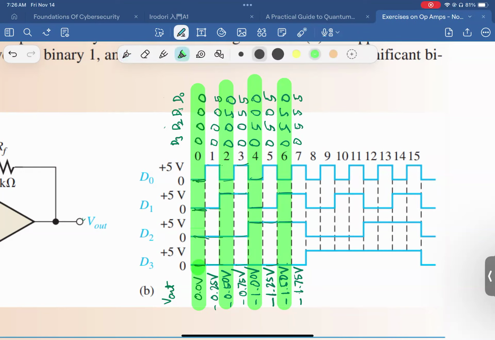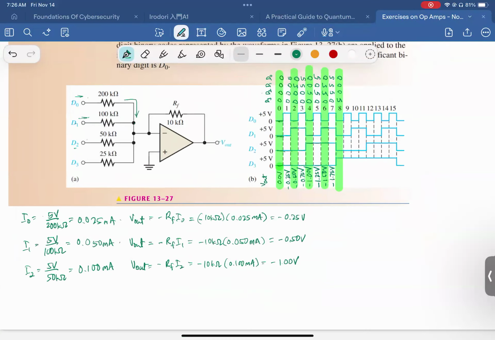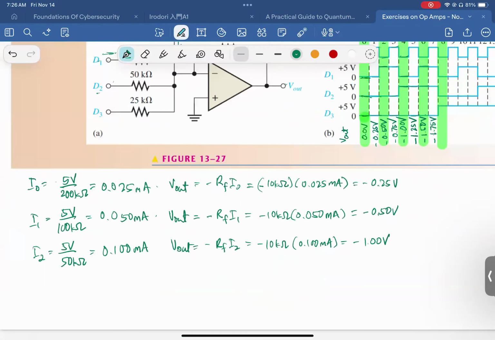Okay. Then, we do this. Pagdating dito, we have 5 volts para sa D3 and then 0 para sa rest. So in this case, makukuha natin yung I3, which is the current through input D3.